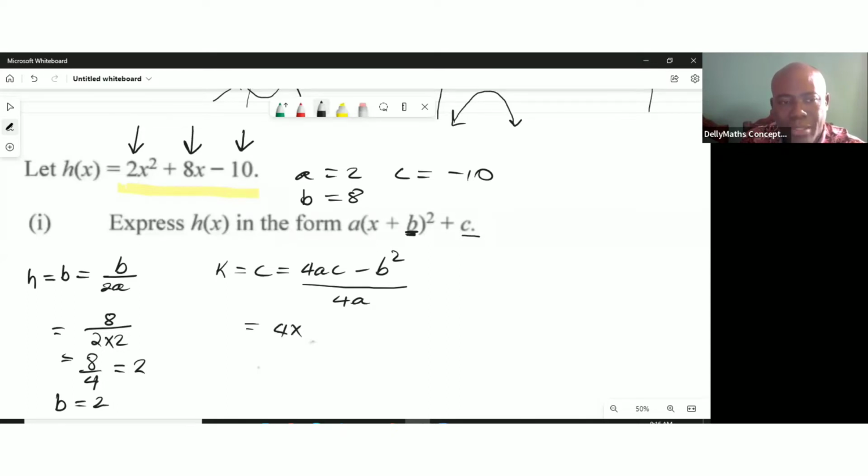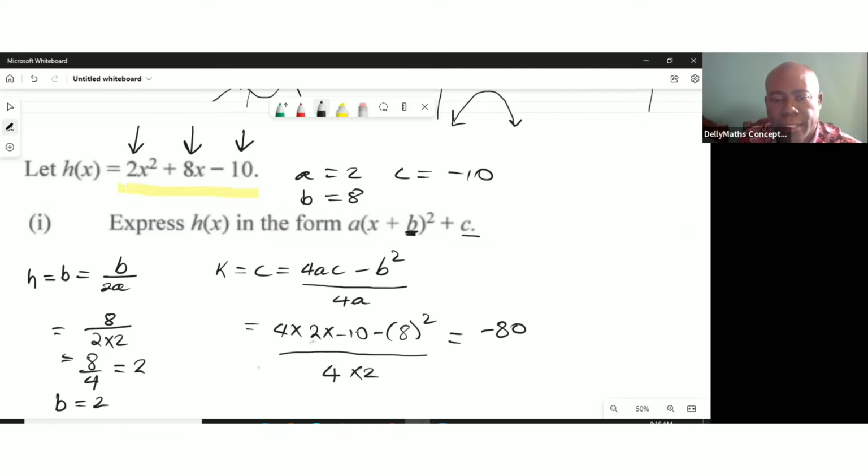4 times a is 2, times c is negative 10, minus b squared, that is 8 squared. All of this is over 4 times a, and a is 2. All right, so we're looking at 8. This is negative 80 minus 64 over 8.